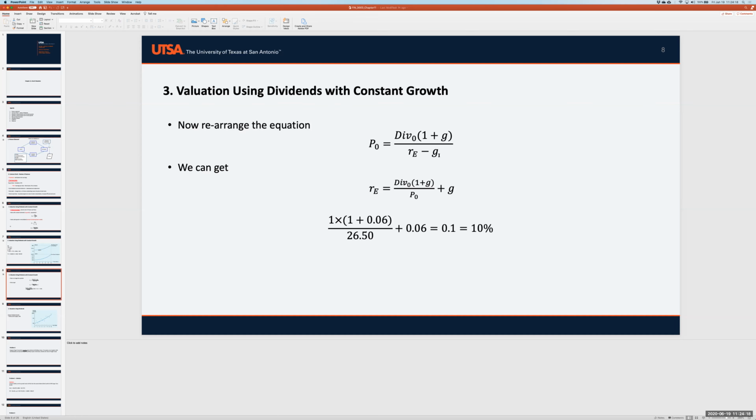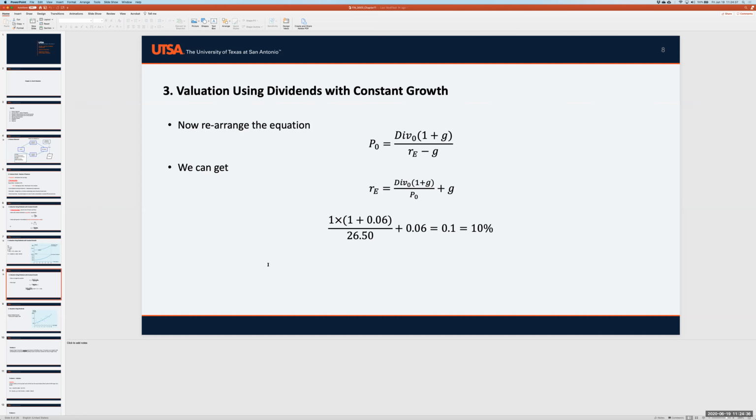I explained the calculation in detail in my lecture recordings, but if you have questions, just ask me. This is a simple manipulation, and you see we find the cost of equity.